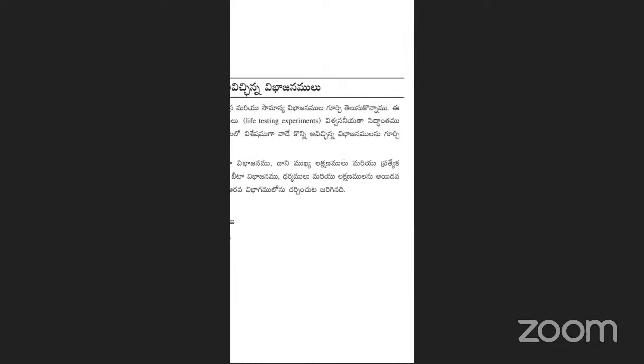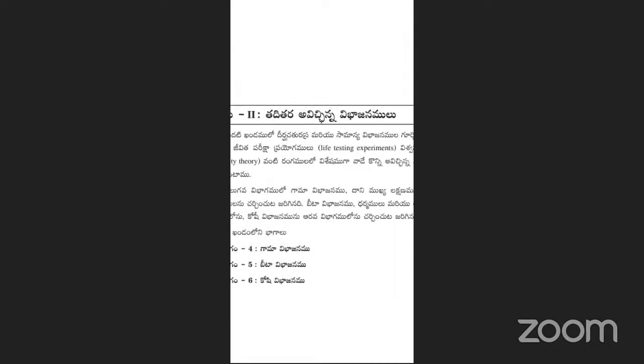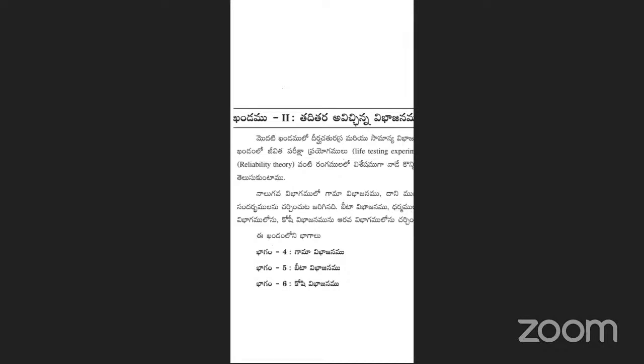So here are some more continuous distributions: gamma distribution, beta distribution, Cauchy distribution. In this part 4, we'll discuss briefly their properties, uses, and all.